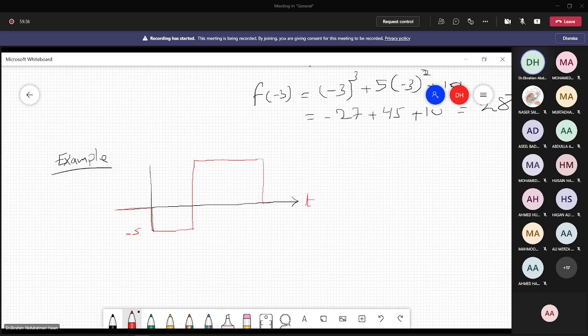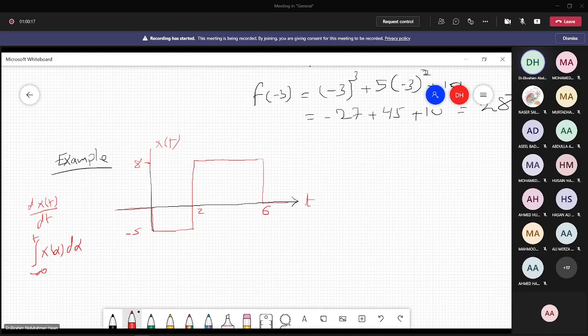Okay, suppose I have this. This is my x of t. First, I want to decompose this into elementary signals. Then I want to find the derivative of x of t, and the integration of x alpha d alpha from minus infinity to t.